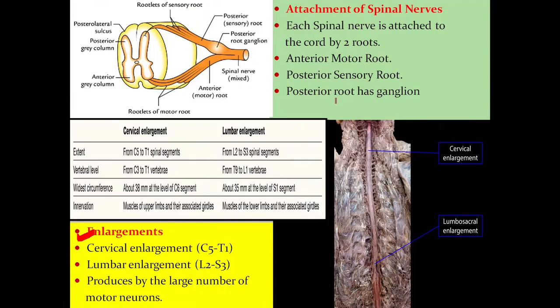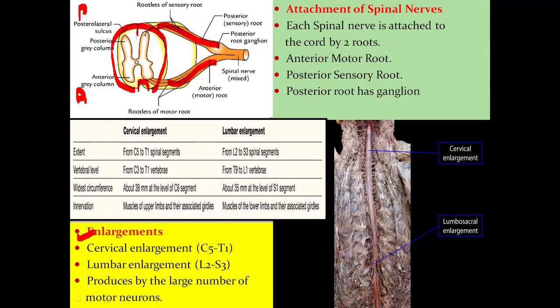And then when you study the cross section of the spinal cord, this will be your anterior median fissure, this will be my posterior median sulcus, which make up my whole spinal cord. I can call them the anterior aspect or the ventral aspect, and the posterior aspect is the dorsal aspect. From every aspect, we could see the anterior spinal root and the posterior root.